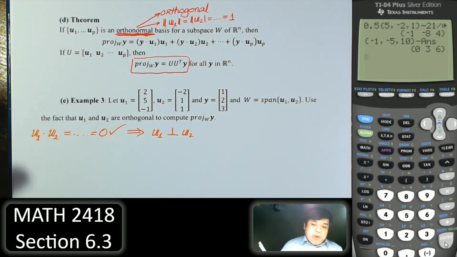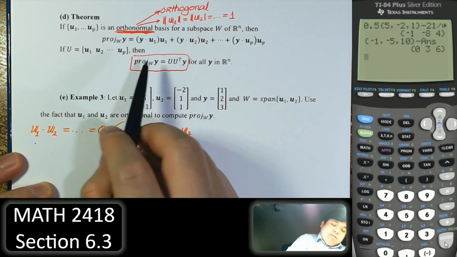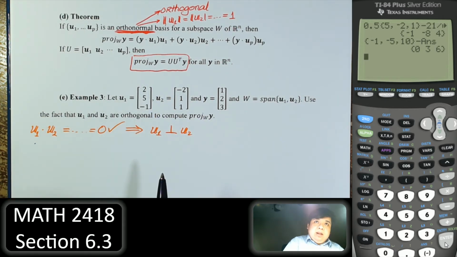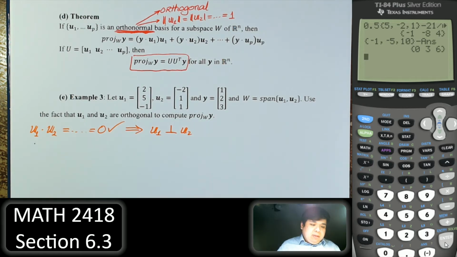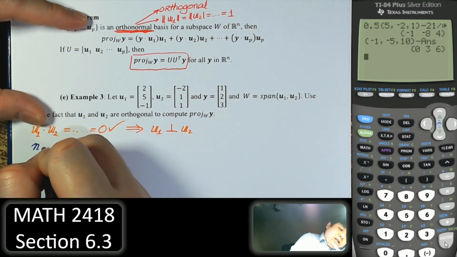So here is what we do. We have the vector 2, 5, and negative 1, right? We have to turn this into a normal vector.